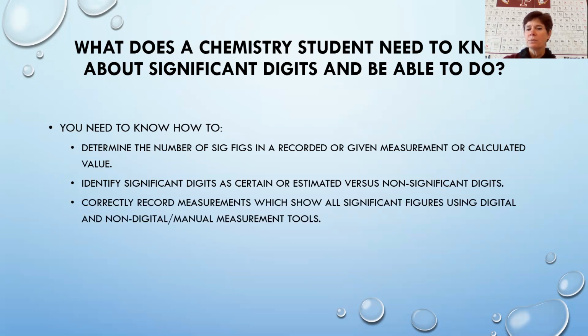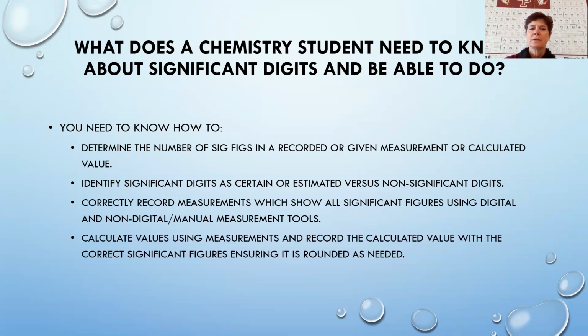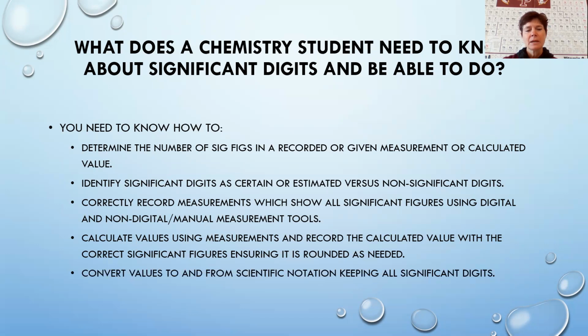And correctly record measurements which show all significant figures using digital and non-digital, or what we call manual measurement tools. You also have to calculate values using measurements and record the calculated value with the correct significant figures, ensuring it is rounded as needed. And we will go through all of these different things and show examples. You also need to convert values to and from scientific notation, keeping all significant digits.